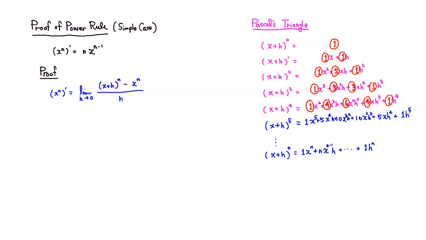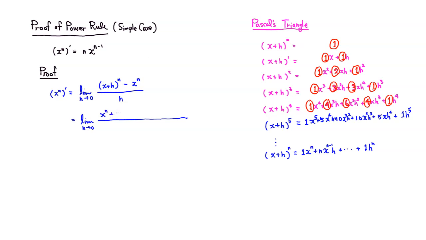Then we're going to use this Pascal's triangle trick to expand, right? So we're assuming that n is a natural number, but the power rule works with any real number. If you use the Pascal triangle, we know that this is going to expand to: first term is x to the n.